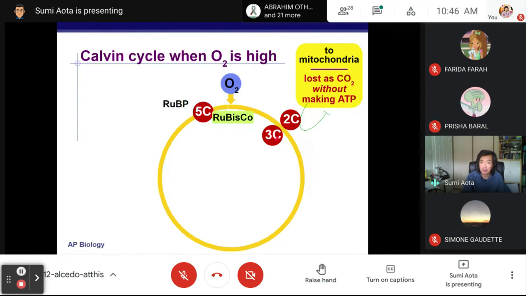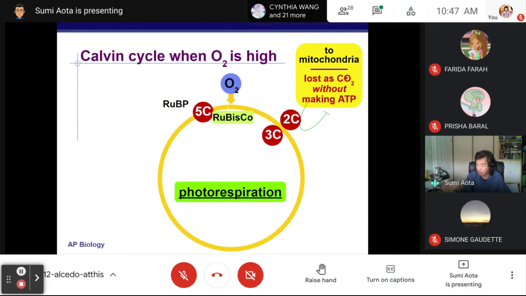The 3-carbon molecule tries to complete the cycle, and you actually have to take glucose and make another RuBP to make up for the 2 carbons that were lost. It generates no ATP energy. For a plant, that's bad.